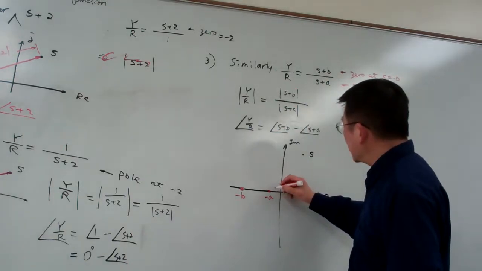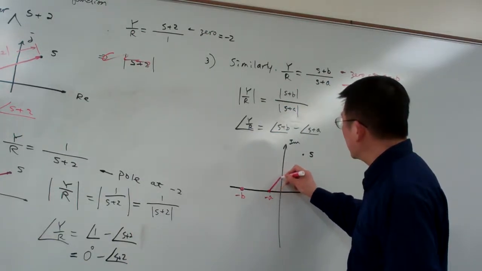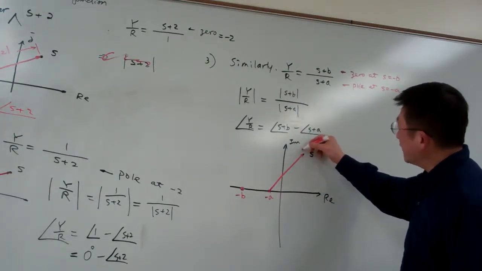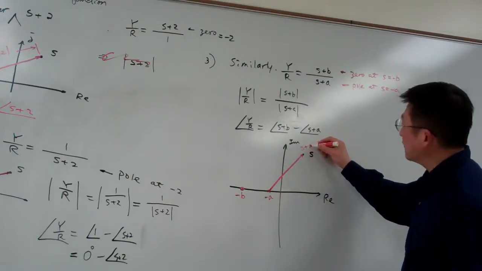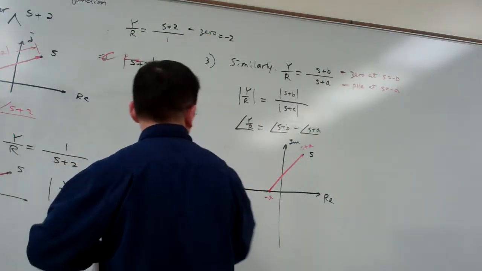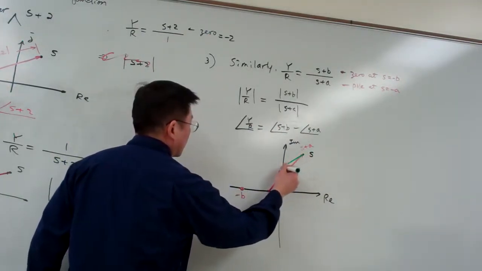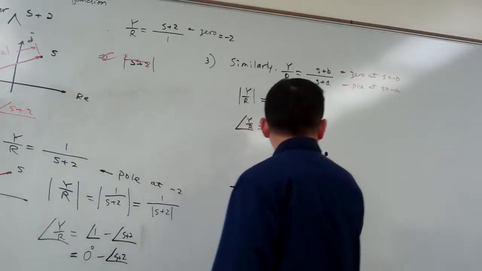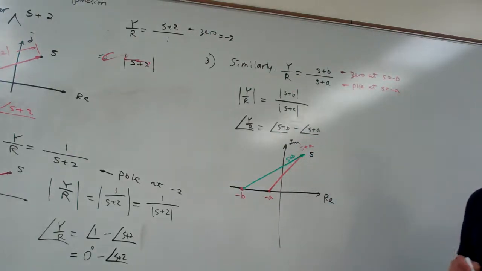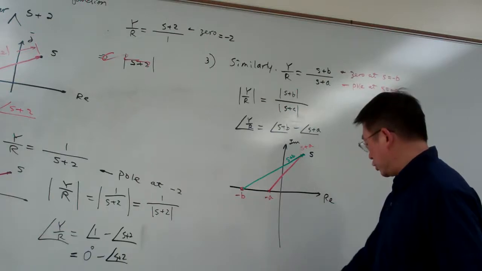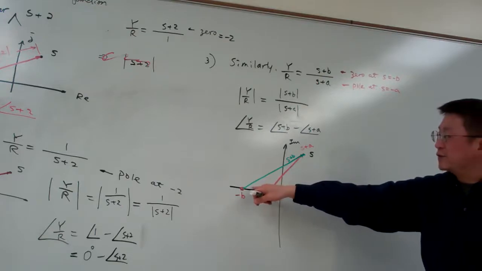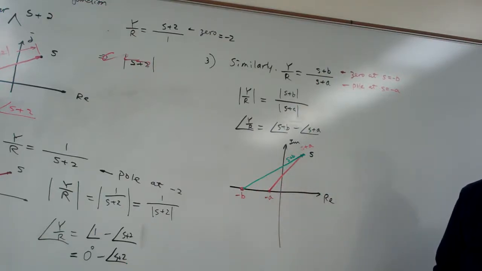So here we connect, this vector represents s plus a. This vector represents s plus b. Okay, so in this way, this magnitude is simply the ratio between the magnitude of the green vector and the red vector here.